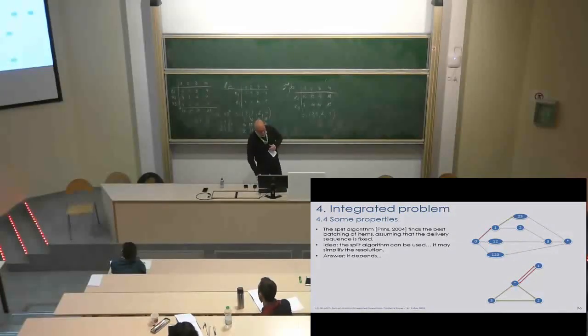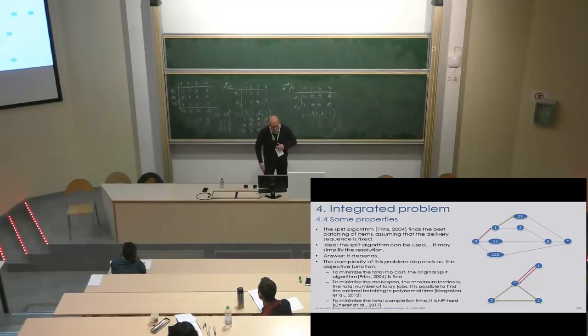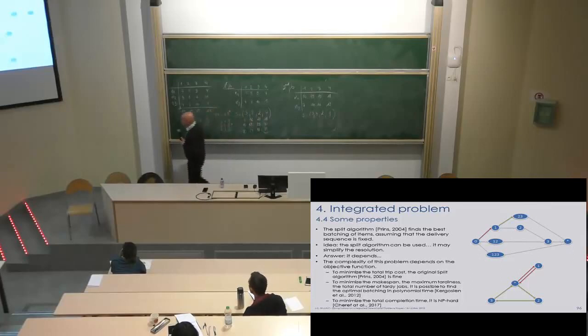Yes, that's true, but it depends. If we want to minimize the total trip cost, the original split works, it's fine. If you want to minimize the makespan, or the maximum tardiness, or the total number of tardy jobs, the number of jobs which are late, it's also possible to find the optimal batching by a split algorithm.